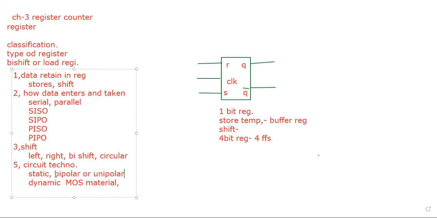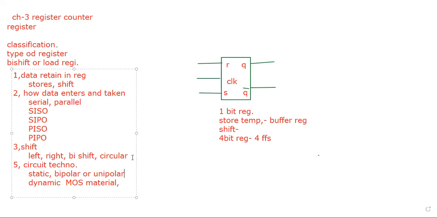First is storage type, whether it is a buffer register or a shift register. Second is how data enters and goes out. Third is shift type: left, right, bi-shift, and circular. How we can move around, whether you can go left side, right side, or are you able to turn both sides.